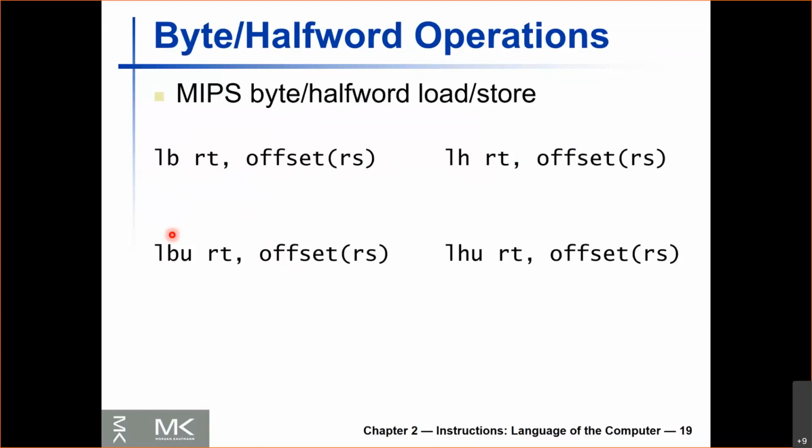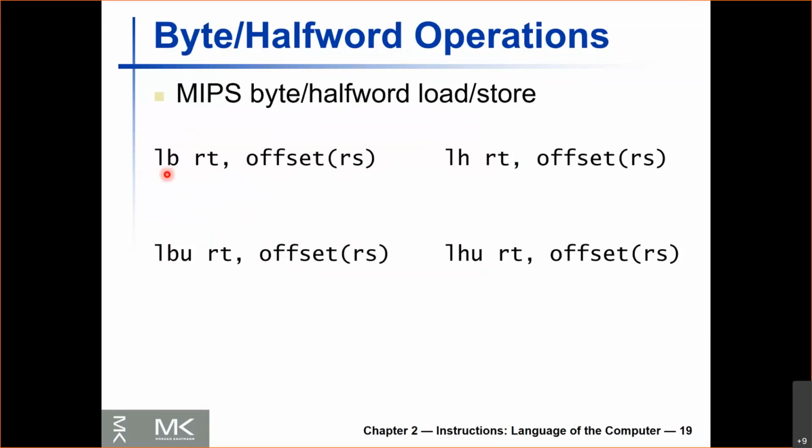However, if the 8-bit value that we loaded was a signed integer, then we can't just add zeros to the left, because if the value was negative, if the leftmost bit was 1, adding zeros to the left will convert our negative 8-bit integer into a positive 32-bit integer, which is not what we want. What we want is to take our negative 8-bit integer and convert it to a negative 32-bit integer. So load byte will do sign extension.